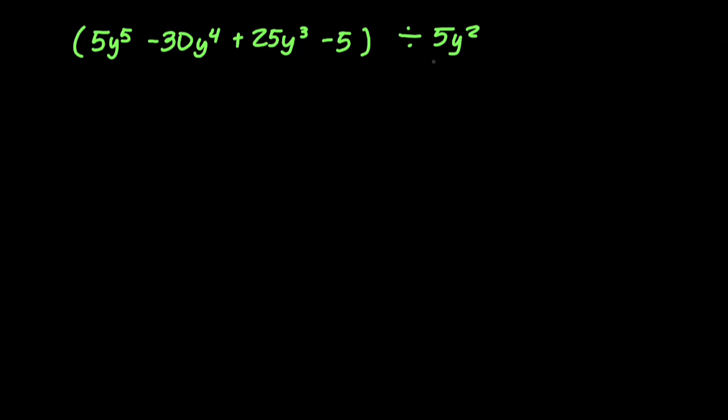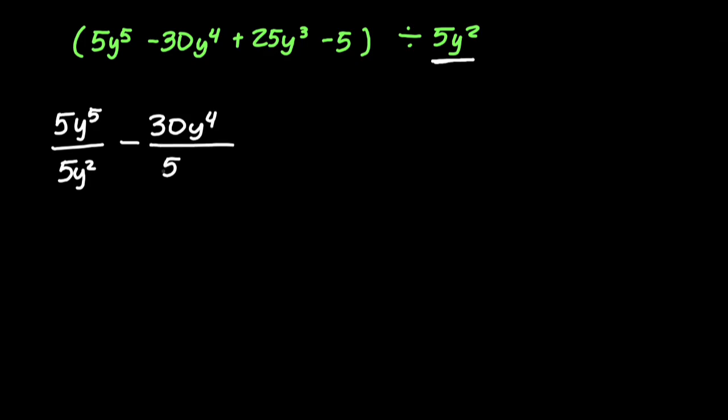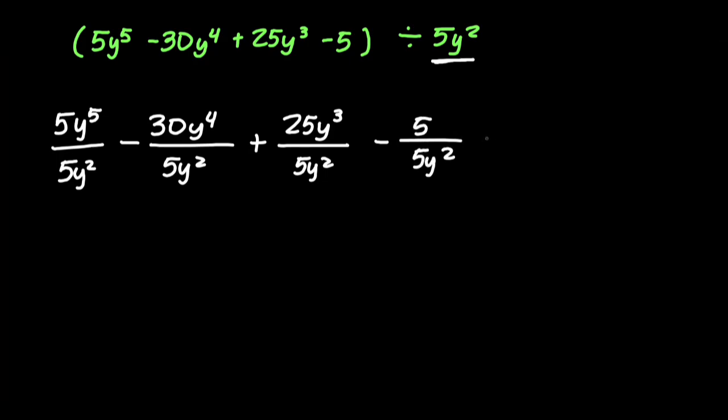Now, if you only have a monomial which is only singular, you can use this form, which is 5y raised to the power of 5 divided by 5y squared minus 30y raised to the power of 4 over 5y squared plus 25y cubed over 5y squared minus 5 over 5y squared.